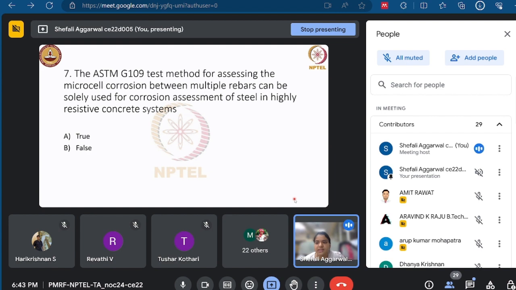So in this test method, we are making a concrete with three rebars, one at the top and two at the bottom, and we are passing current through all these three rebars and calculating our potential. So, do you think it can be used only for steel in a highly resistive concrete system, or can it be used for other systems as well?